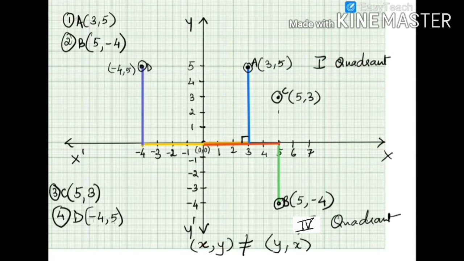For example, 3, 3 and 4, 4 or 5, 5, all these points on reversing will have the same position on Cartesian plane. So here we can add if x is not equal to y. So only under one condition, x, y will be equal to y, x if x is equal to y.